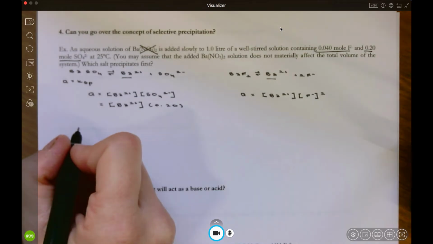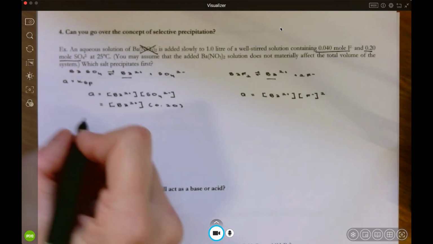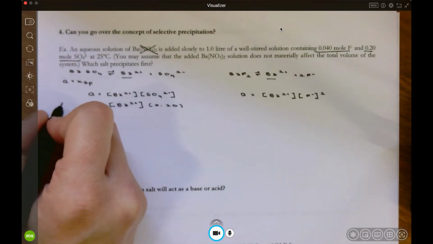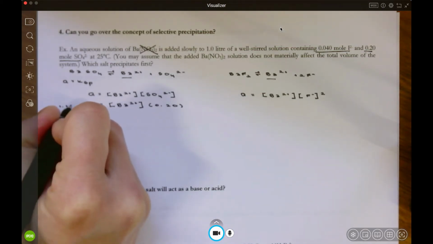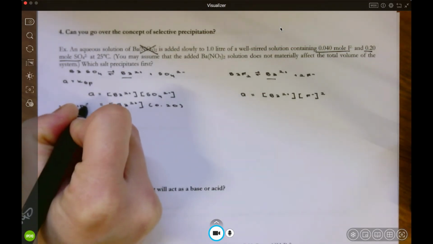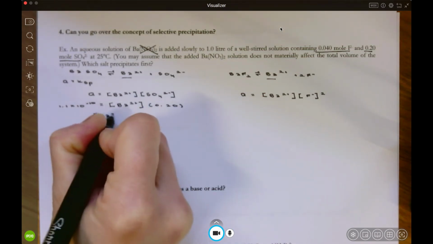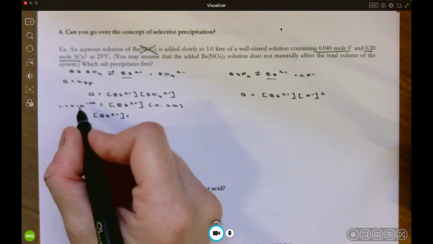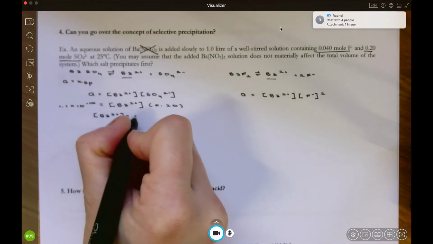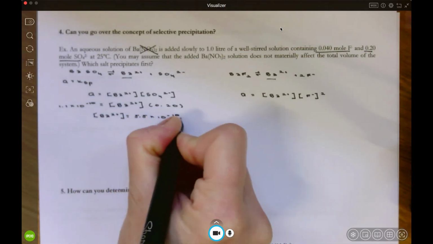I believe it is given to you in the problem. I don't think I included it for some reason here, but for barium sulfate, your KSP value is 1.1 times 10 to the negative 10th. So when I solve for the concentration of barium that would be required for my Q to equal my KSP, I get 5.5 times 10 to the negative 10th molar.